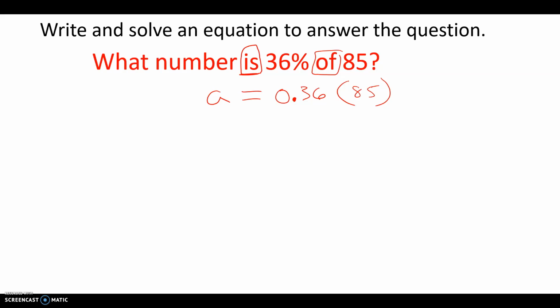Now you just do that on your calculator. You get A equals 30.6. If you don't have a calculator, this will be tougher. All right, next one.